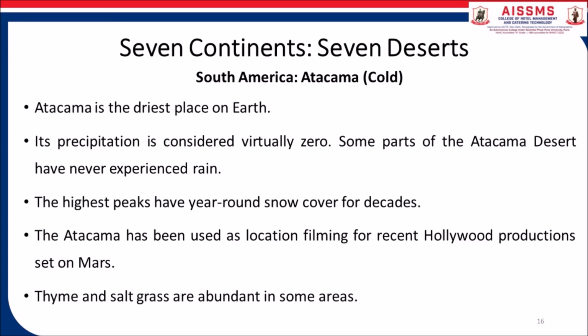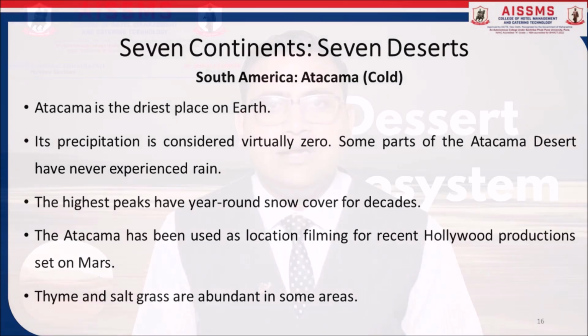The highest peaks have year-round snow cover, which may have been there for decades, having fallen and never melted away. Due to its aridity and alien environment, the Atacama has been used as a filming location for recent Hollywood productions set on Mars. Thyme and saltgrass are abundant in some areas.